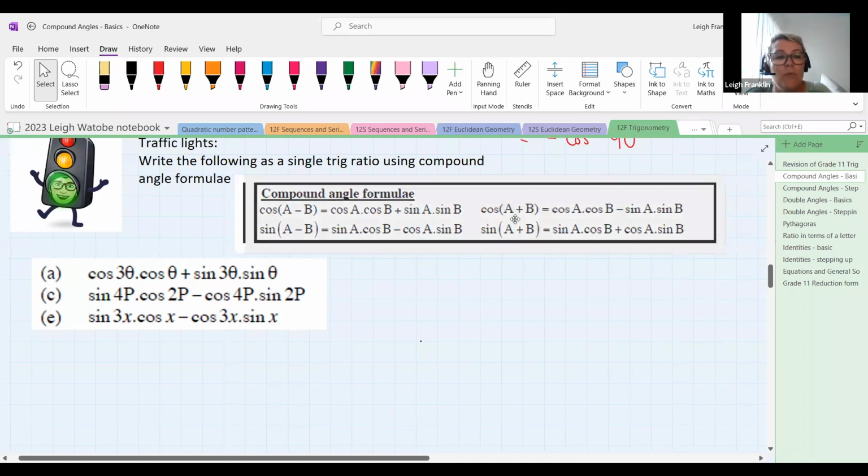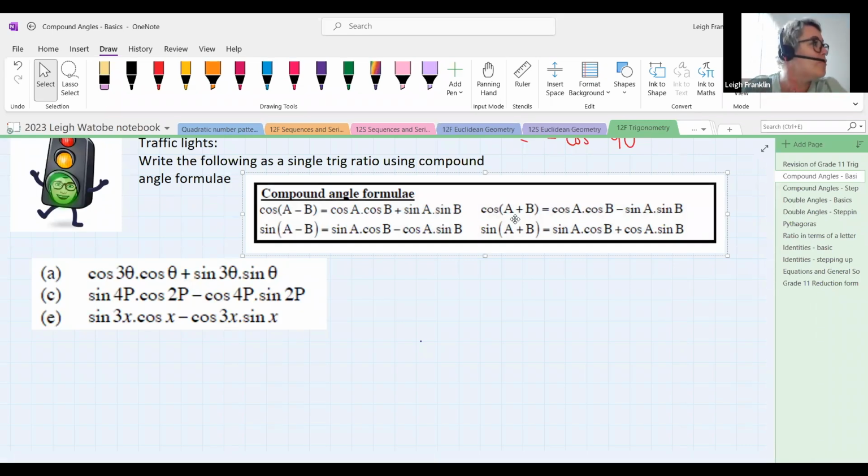Here we want to write as a single trig ratio. In other words, we are writing the reversal of the expansion. What we have on the left-hand side of the equal sign, that's what they want from us. I've given you questions A, C, and E. Let's try those and then we'll talk about our answers. Okay, Matrix, off you go.